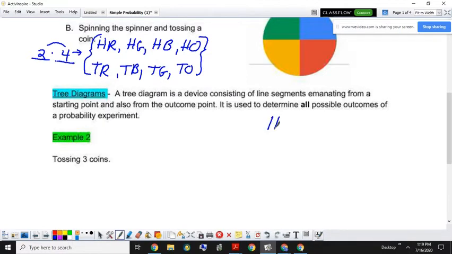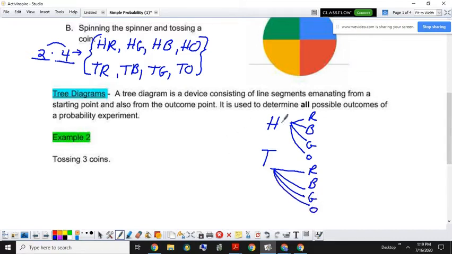You have heads and tails on the coin, and then you get red, blue, green, or orange on the spinner. You could get tails on the coin and then get red, blue, green, or orange. So here are your 8 outcomes: heads and red, heads and blue, and so on. Same thing, but the tree diagram helps you when you have a whole bunch of different outcomes.